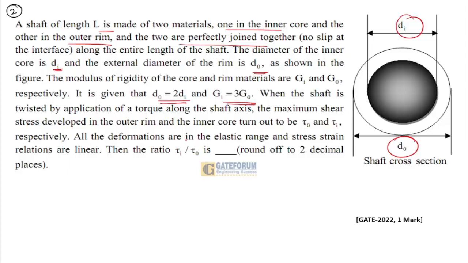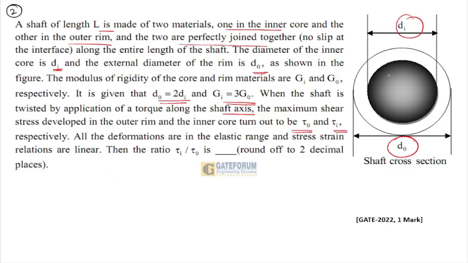When the shaft is twisted by application of torque along the shaft axis, the maximum shear stresses developed in the outer rim and inner core turn out to be tau naught and tau i. All the deformations are in the elastic range and stress strain relations are linear. The ratio of tau i by tau naught is.